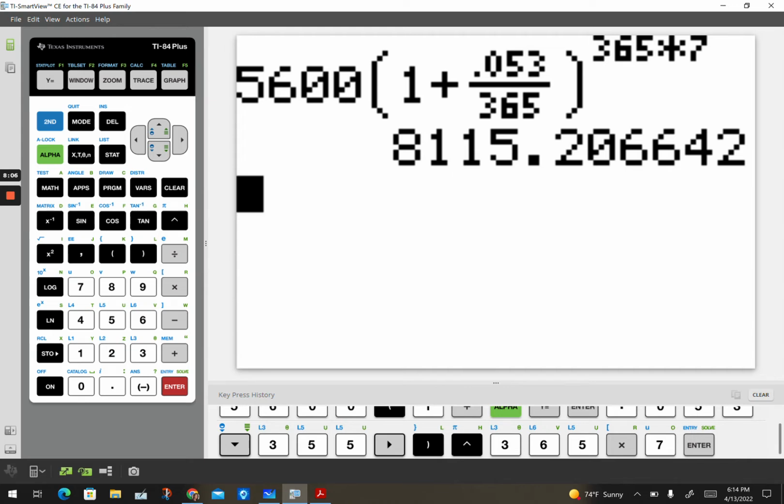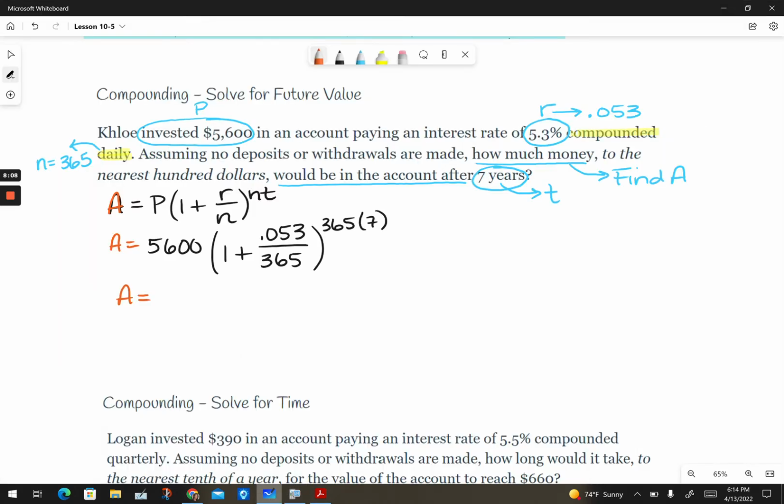So we had, as far as dollars, we had $8,115.21. But if you guys look here, they asked us to round to the nearest $100, not hundredth, okay? To the nearest $100. So what that means is we need to look for the hundreds place.